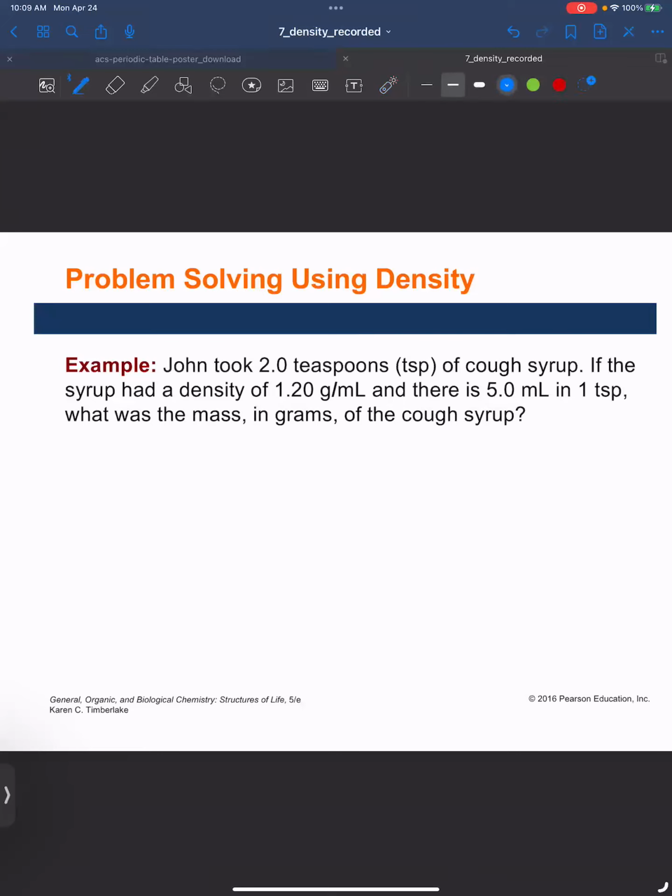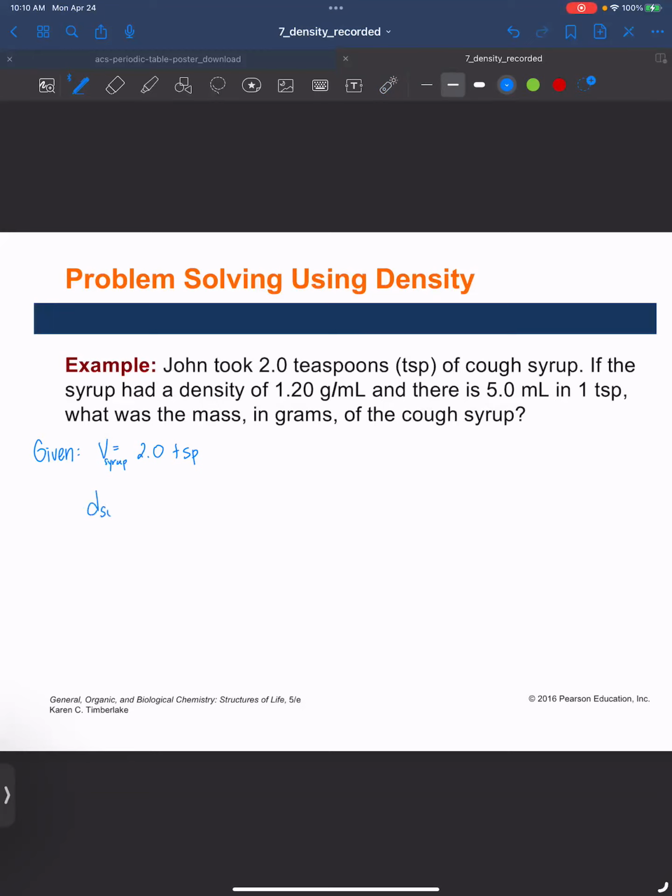All right, so step 1, always write down your given and need. So we are given that the volume of the cough syrup is 2 teaspoons. We're also provided the density of the syrup that was taken.